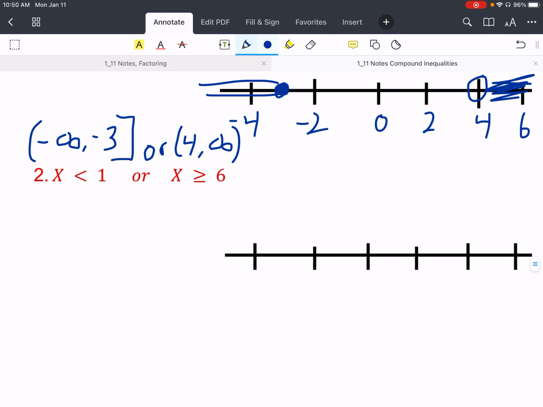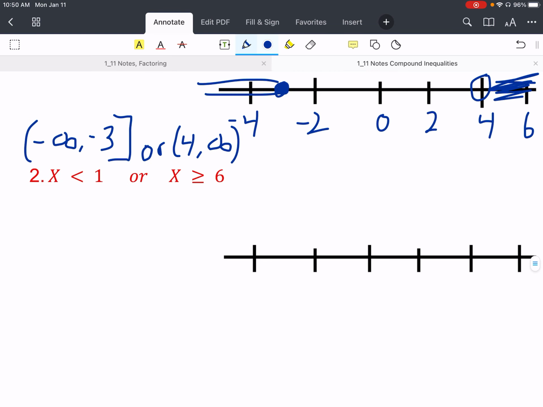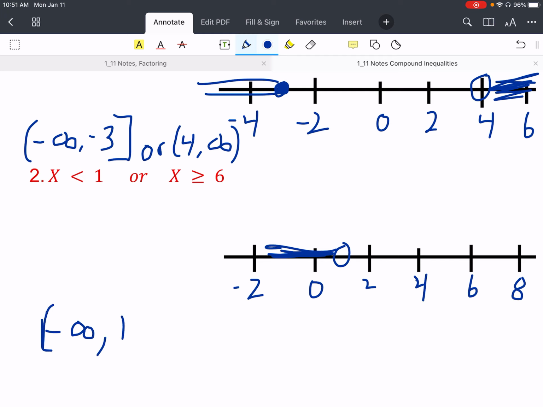And we'll do the opposite here. I can start my number line at -2, 0, 2, 4, 6, 8. X is less than 1. Shade left. So I have a -infinity parentheses comma 1 parentheses because it's an empty circle.